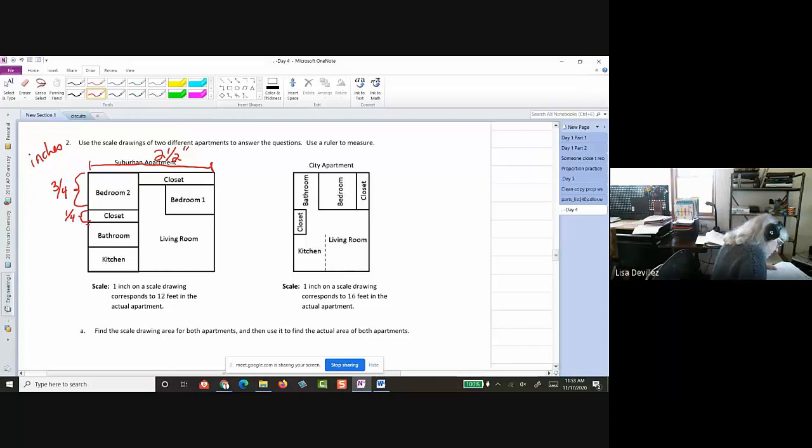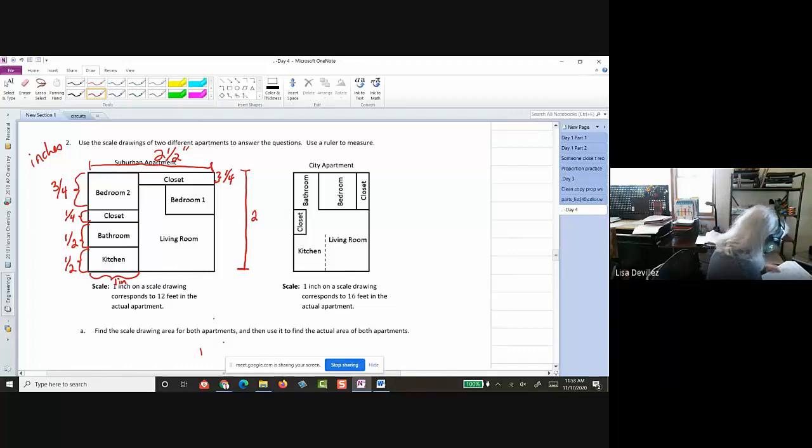The bathroom there is 1/2. Kitchen is 1/2. And that is 1 inch. This closet is 1/4. And the total from there to there is 2 inches.